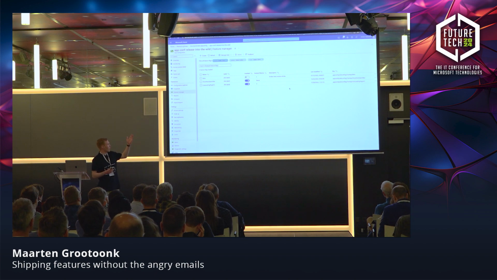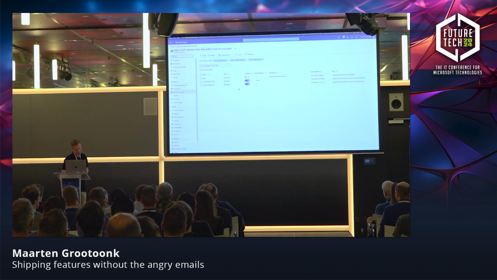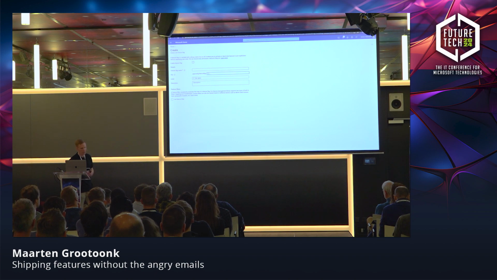Those are the feature flags. So you can just create a feature flag. And it's quite simple, really. All it needs is a name, and is it enabled, yes or no. When setting up the name, you can see the key.